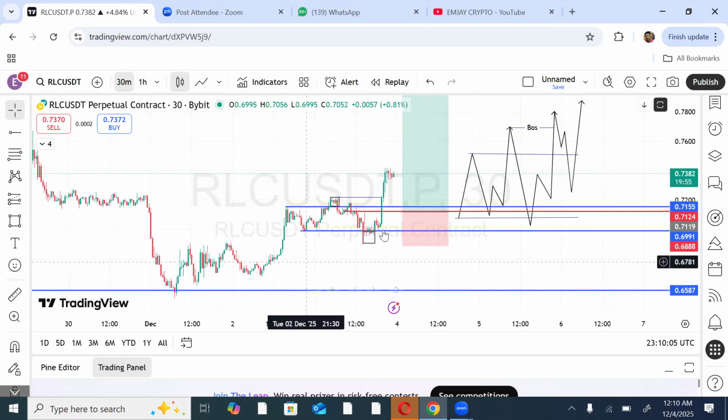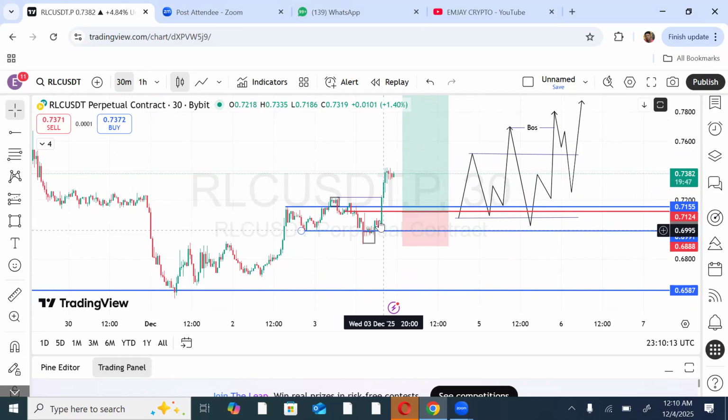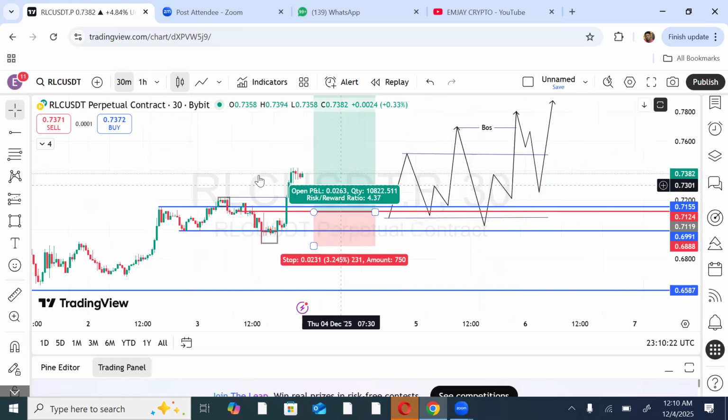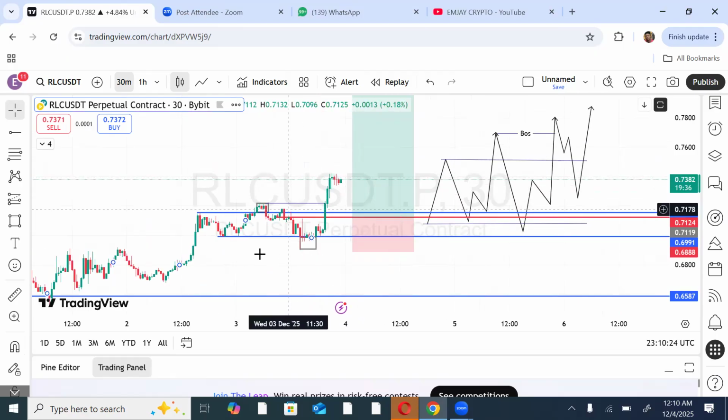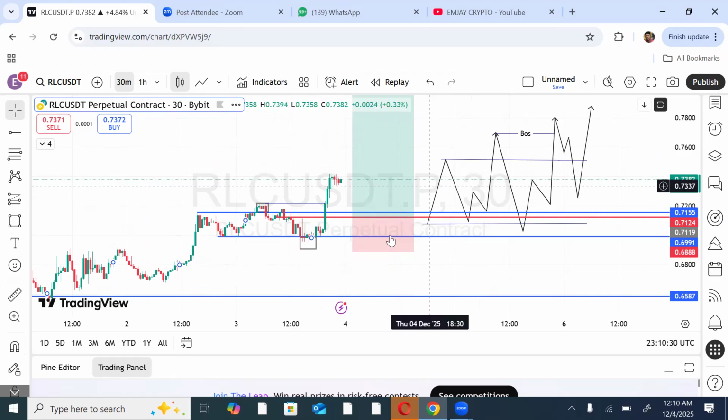Now, how do I know this is a breakout? Look at it. Look at where the fair value gap started from the bottom. That's to know that there was buying pressure here. If the fair value gap has started from here, the high tendency is that price will reverse down, but you can see how price is holding. So this is obviously a valid break of structure. This is valid, right? This is completely valid.